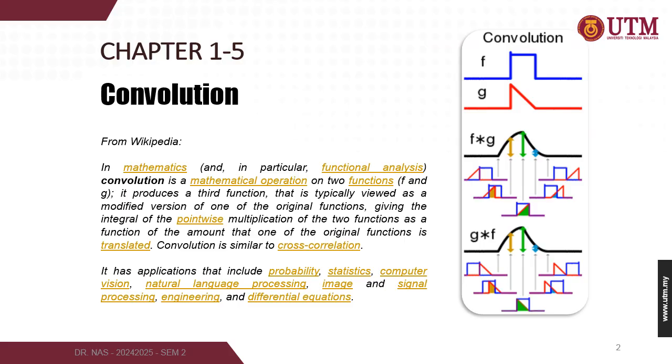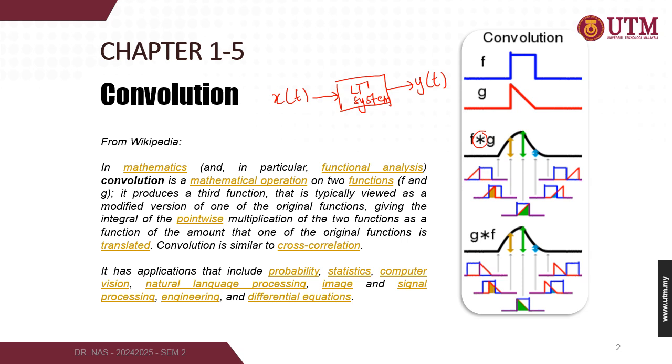Convolution is basically a process that happens in an LTI system when you have two functions. Convolution is notated with the star symbol. When you have an input signal, for example x(t), going into an LTI system, a linear time-invariant system, you get the output y(t).